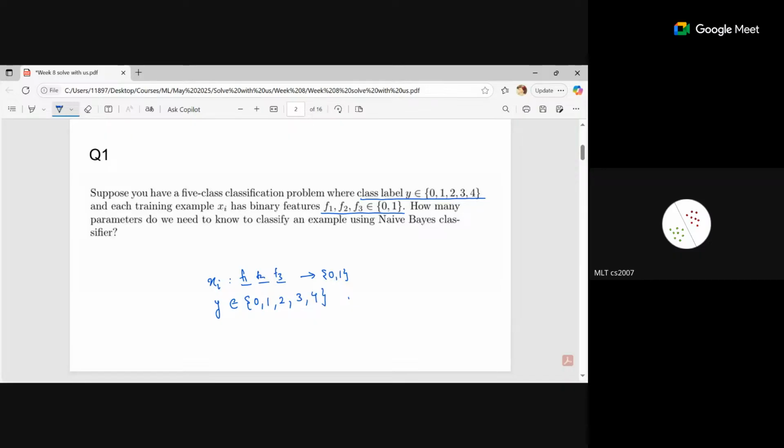So how many parameters do we need here, if you have to use a naive-Bayes classifier to classify certain samples? I'll wait for a minute if you need some time.